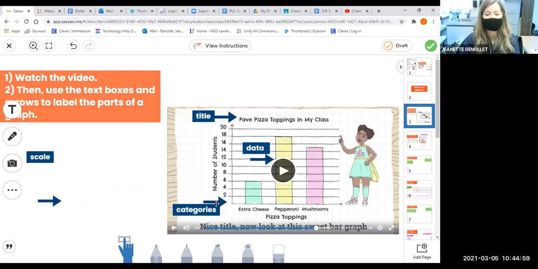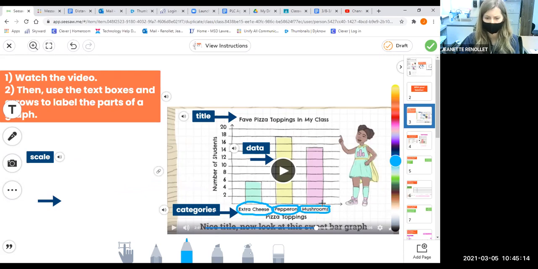I'm going to point to the categories that are at the bottom. Our categories in this example are extra cheese, pepperoni, and mushrooms. Those are the categories in this example. When you make a graph, you need to know where the title goes, where the data goes, and where the categories go.